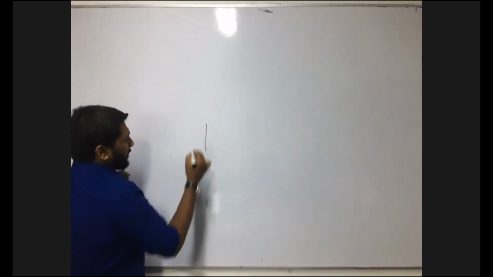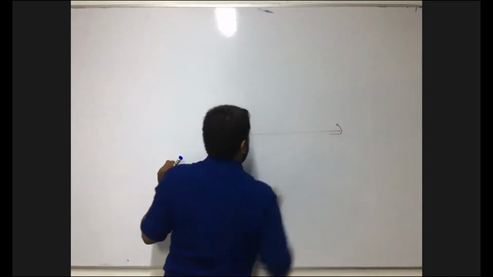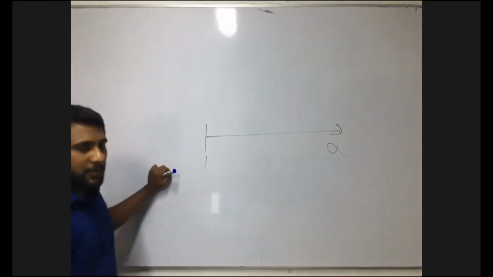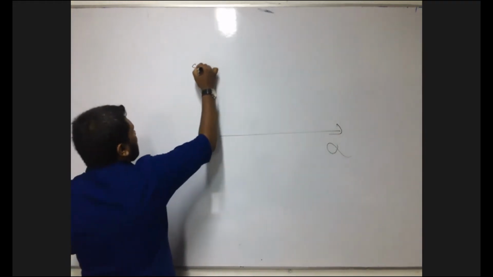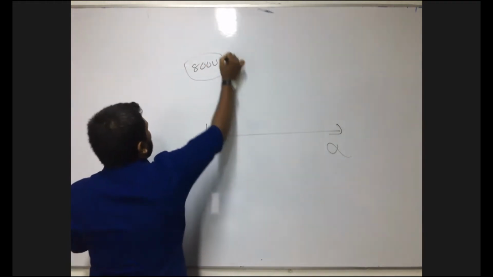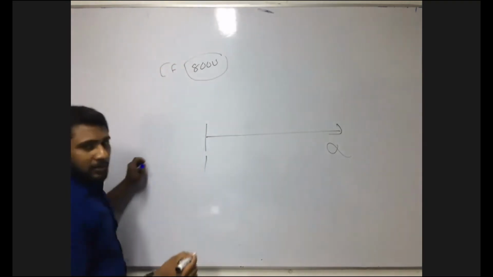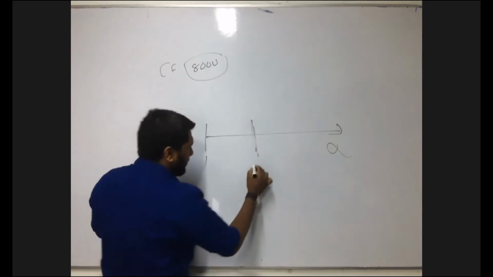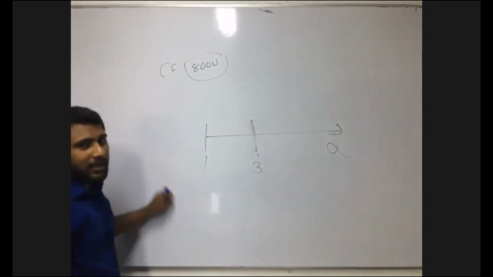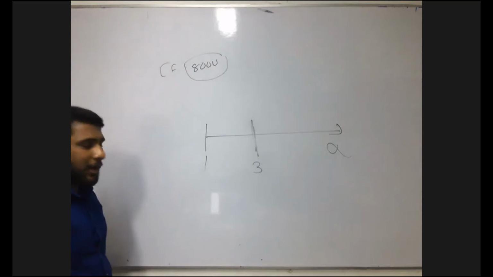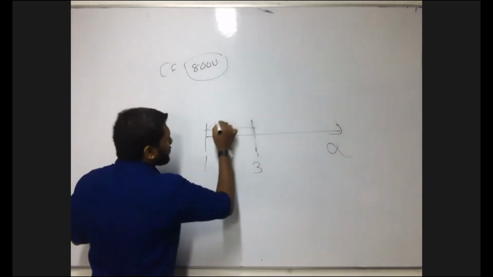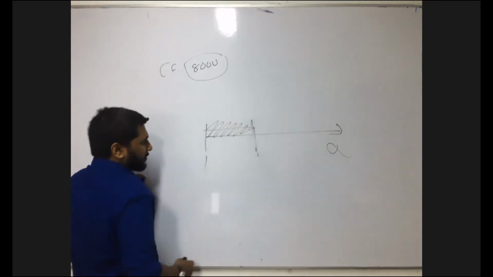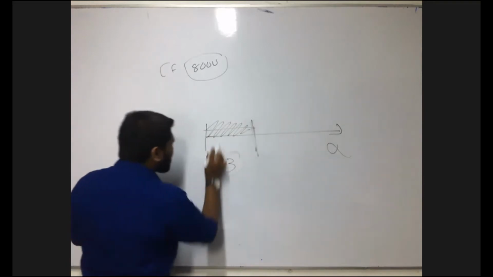If I draw the timeline from year 1 to perpetuity, let's assume, guys, I'm going to get 8,000 US dollars cash. But the first payment I will get in year 3. In year 3 only I will get the first payment. For the first 3 years I am getting nothing.